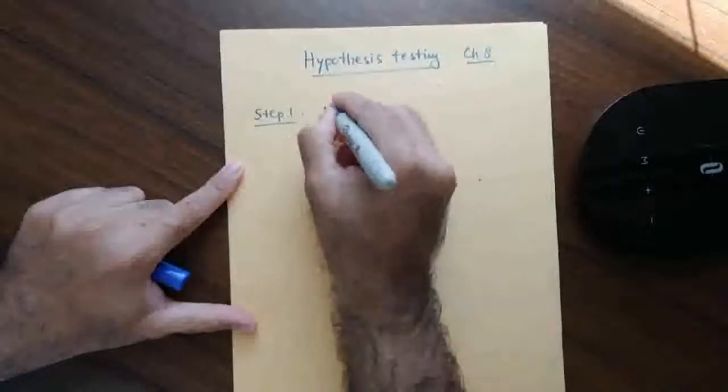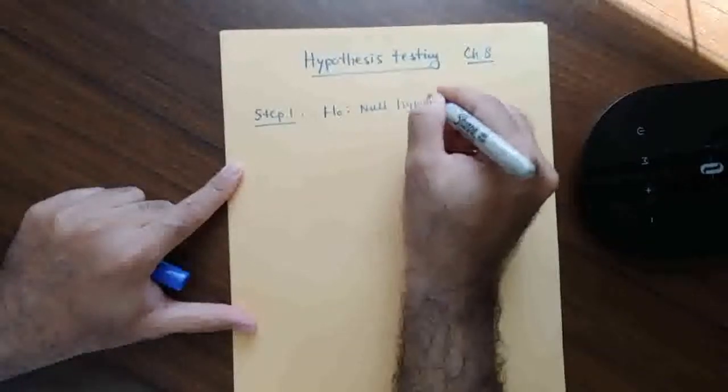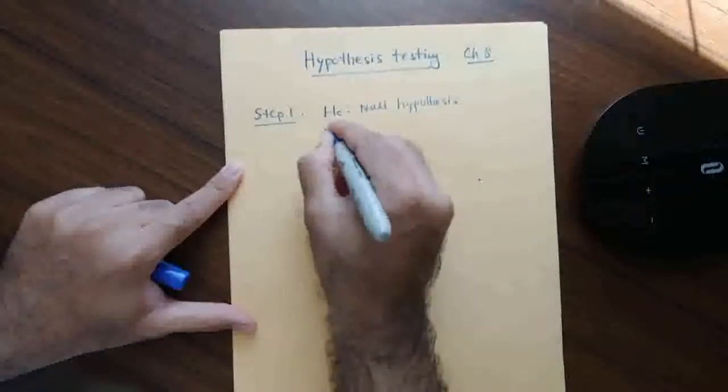So there are two types of hypothesis. One is null. Another is alternative.